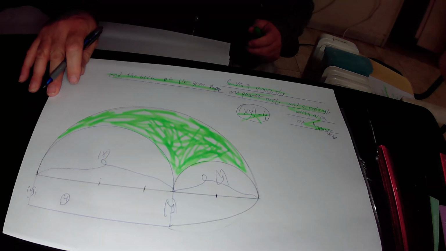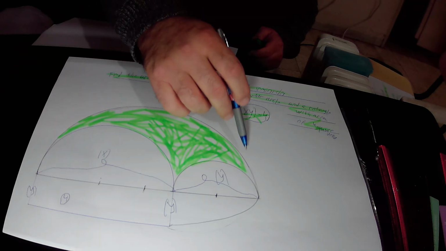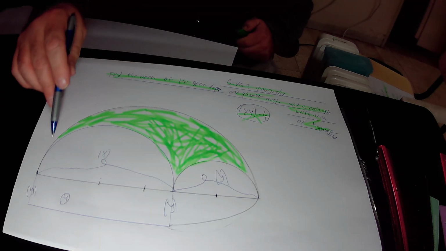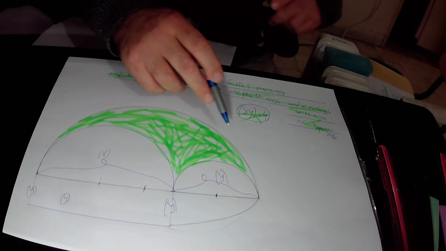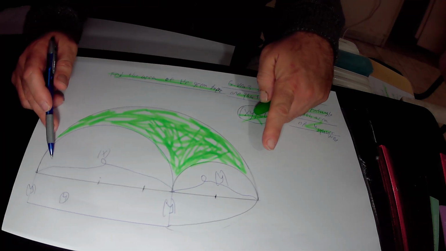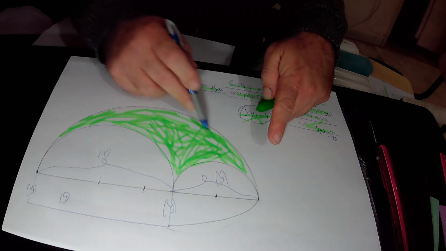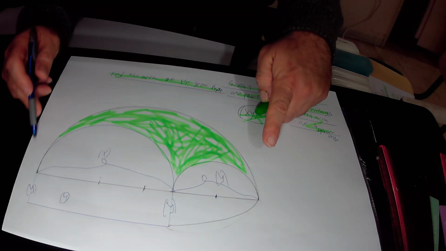The radius of this biggest semicircle equals the diameter over 2.